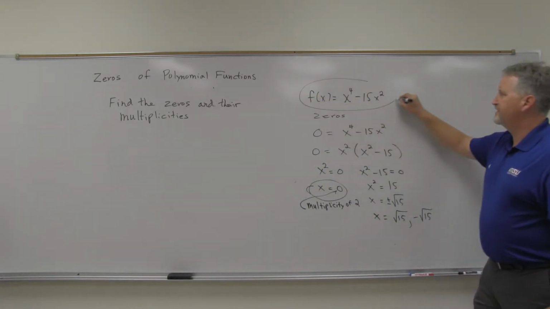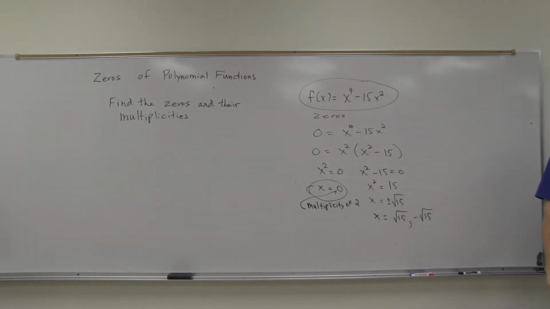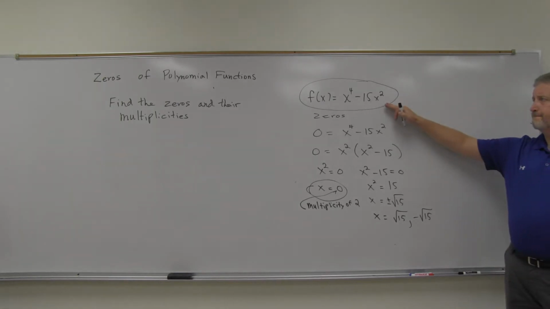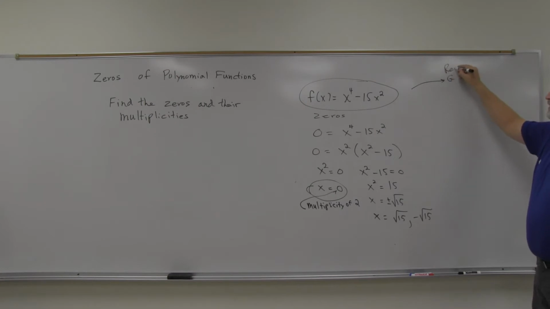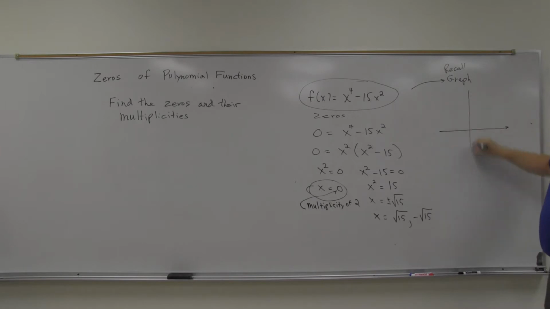We graphed this last time we were here, and if you recall, the graph looks like this. We did a whole lot more work, but it wound up looking like this. I bring this up because it highlights one thing the multiplicity tells us.